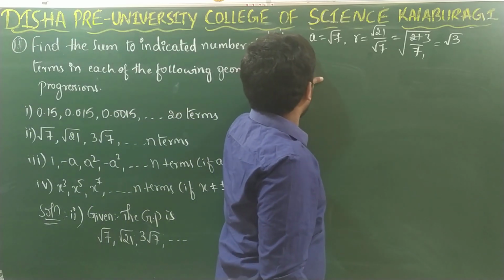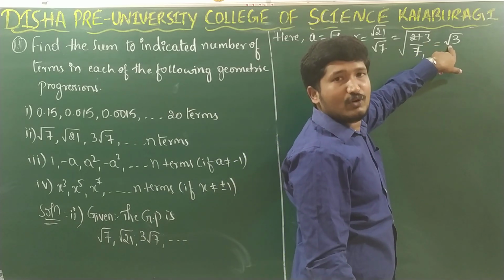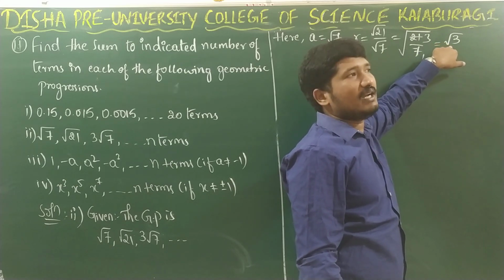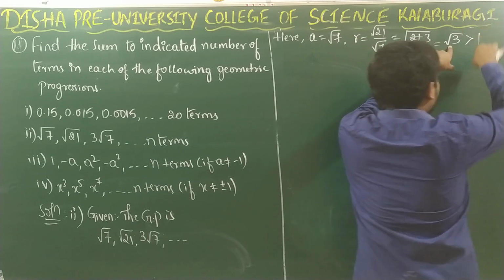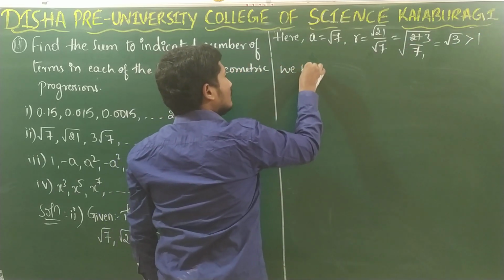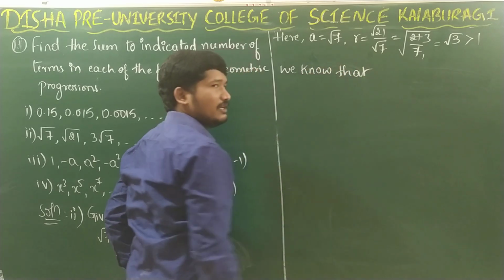Now, here see, the common ratio we have got is square root of 3. Square root of 3 is around 1.732, so it is greater than 1. So when the ratio is greater than 1, let us use the other formula so that the simplifications will be easy.